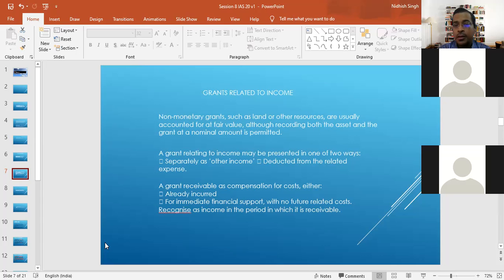So for example, the government has given you the space for the school, or maybe the government has given a 50% discount on that. So you just record the 50% discount on the face of the P&L and provide the disclosure on what the arrangements are. So deduct the related expense in the P&L. In that case, it will not be in the income, it will be in the expense category.